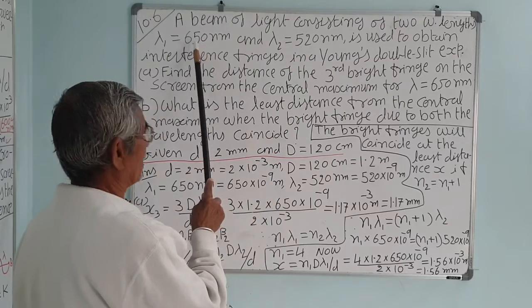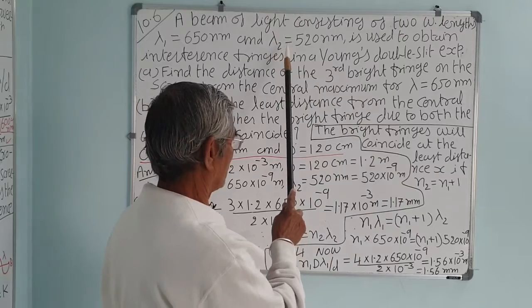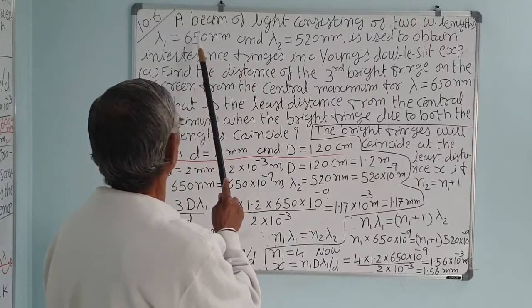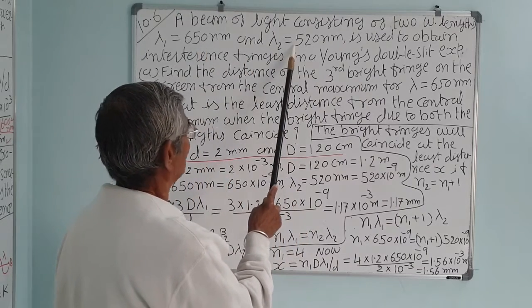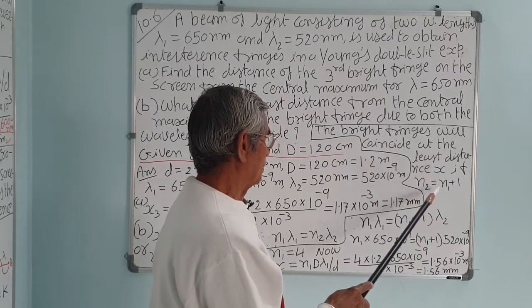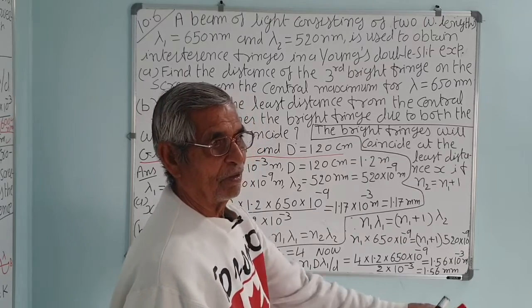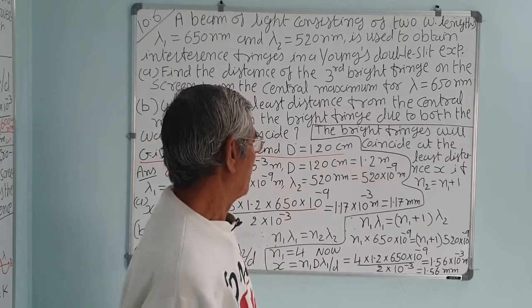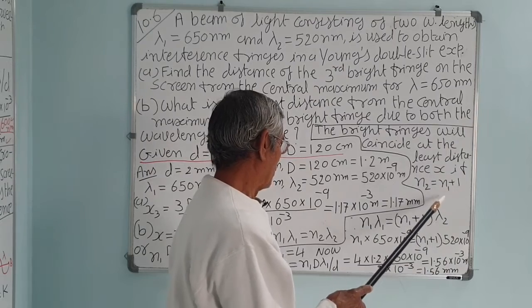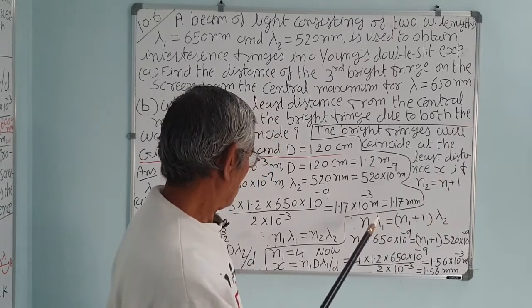If for this it is n1, then for this n2 will be n1 plus 1. So n2 is equal to n1 plus 1. The lesser the wavelength, the more will be the number of the bright fringe that will coincide with the longer wavelength's number.